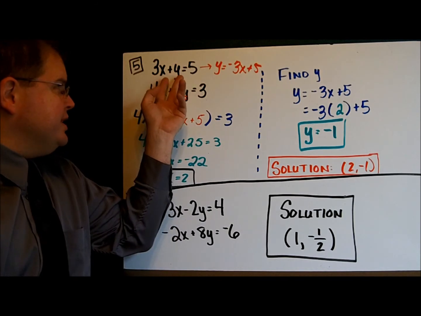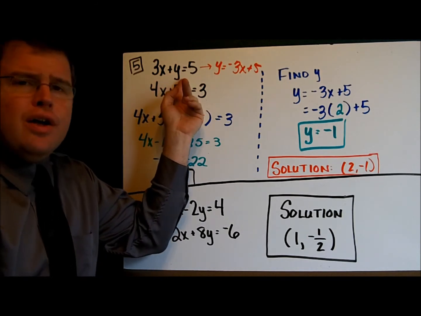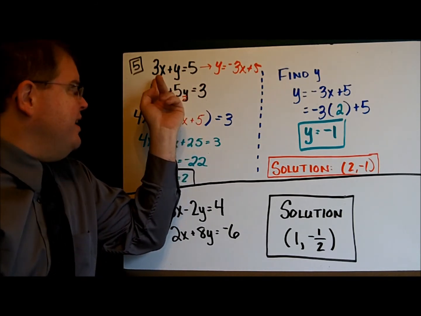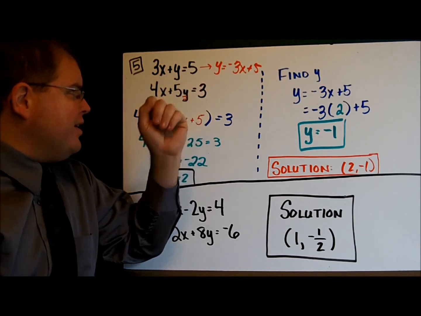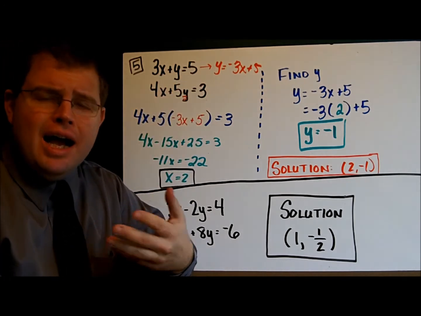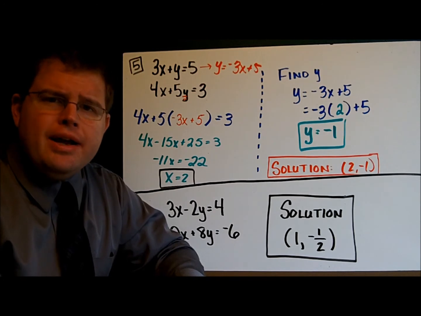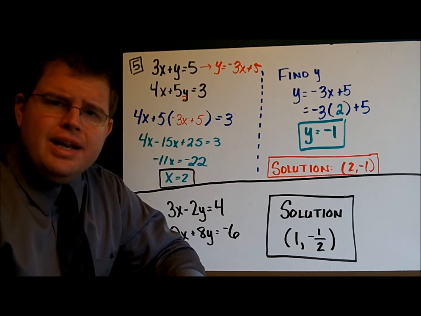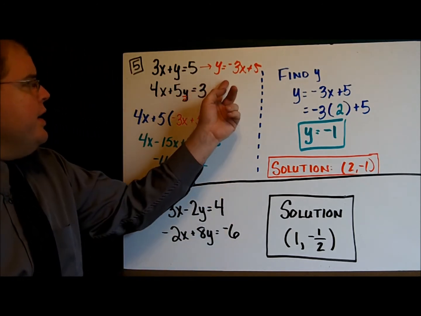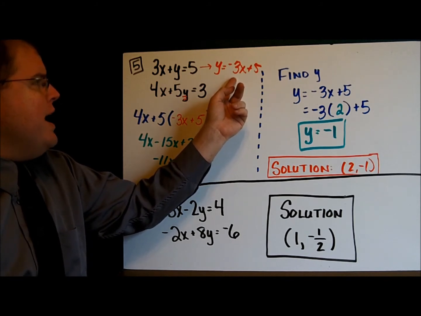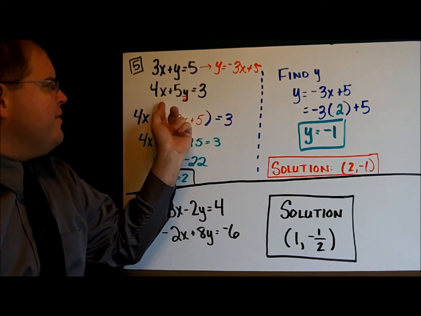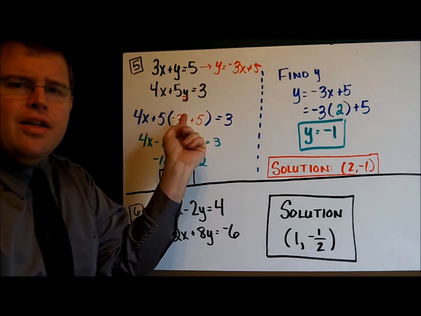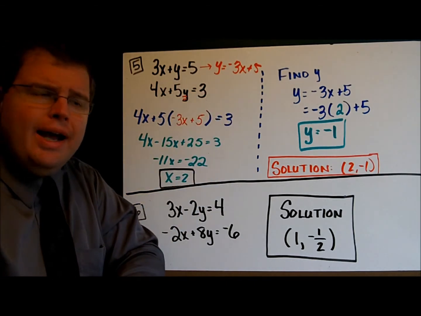I happen to choose the top equation because I saw that the y had no coefficient and all I had to do was subtract 3x from both sides. I personally thought that was the easiest way to go, but there are many paths you could take in this example. Using my method here, if y is negative 3x plus 5, I just plug that into the other equation wherever I have a y.